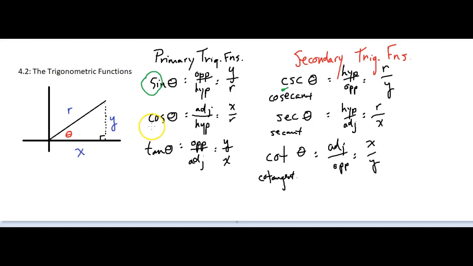Cosine starts with C, its corresponding reciprocal function does not. So there's really this crisscross thing going on with C and S, and I just use that to keep it straight. It would be nice if they matched up, but they don't. So anyway, that's just something that might be helpful for you. But they really are just the reciprocal of the corresponding primary trigonometric function.